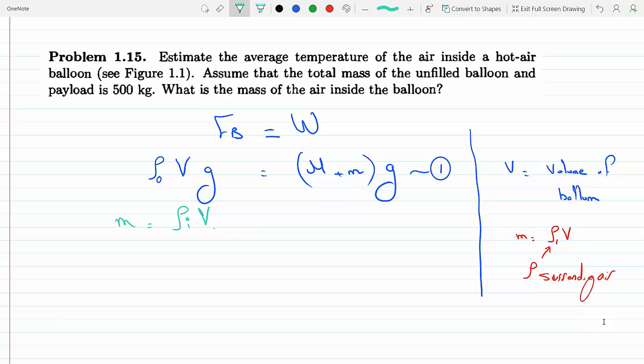So I'm going to take this and plug it here, right? So we call this, just to be clear, surrounding air.